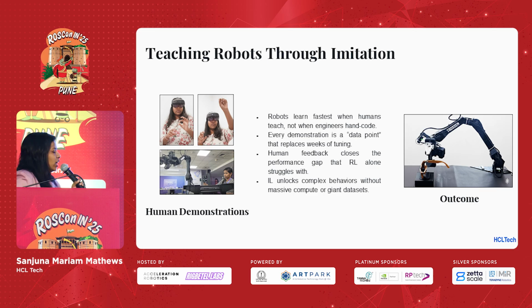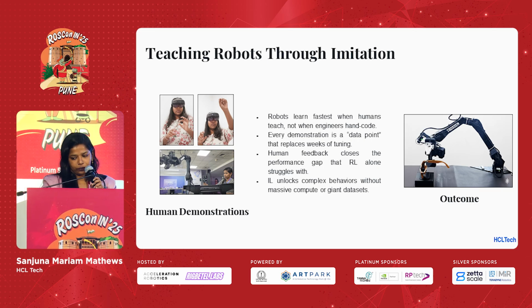Each demonstration will be a data point, and imitation learning will help us unlock complex behavior without much pain. With few demonstrations, we will be able to scale it up and then use the scaled version to train the robots so that the robot can work in a human way.